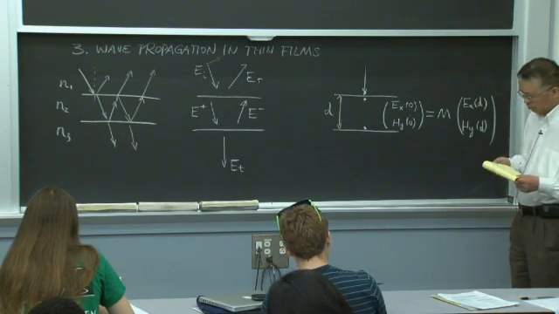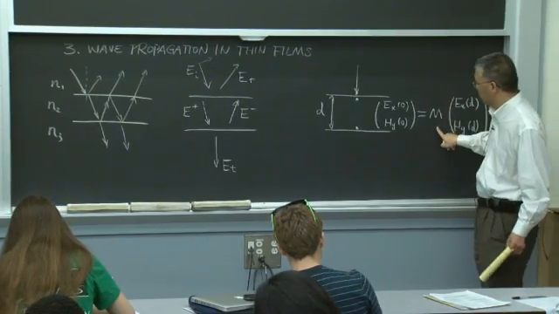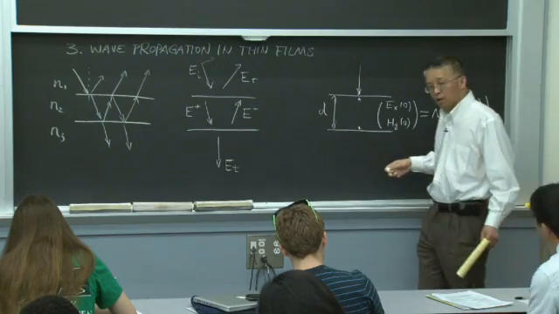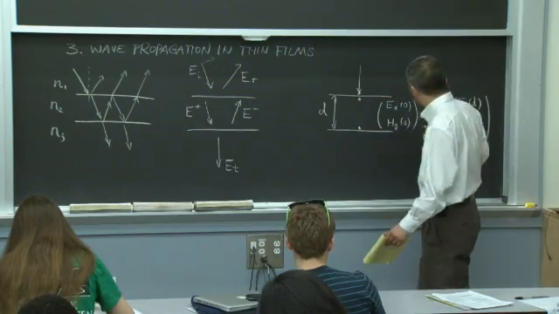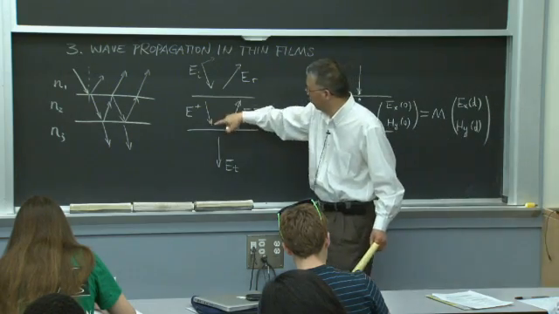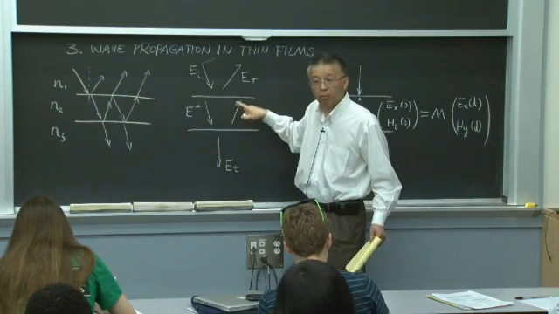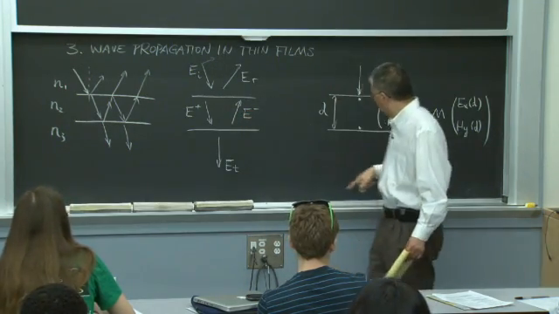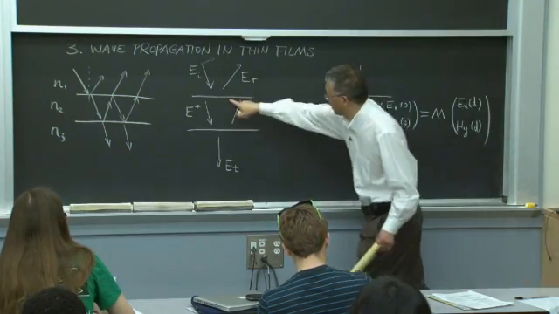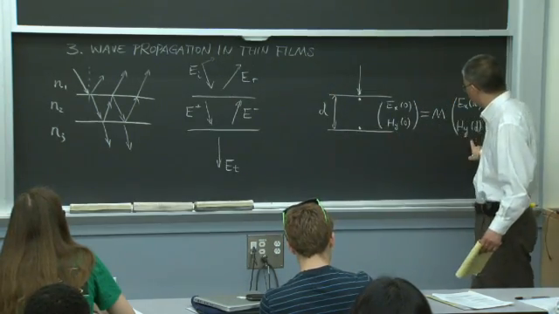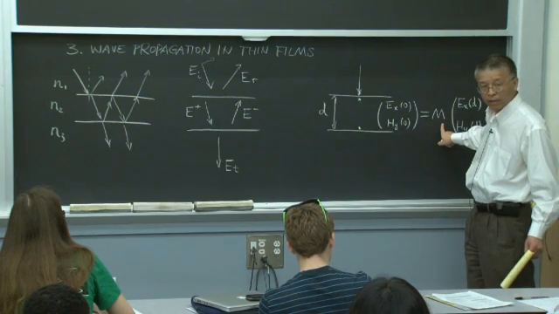So this matrix will make my life much easier. You relate the total electric field, forward plus backward, and the total magnetic field at this point, to the total electric field and total magnetic field at the other point through a matrix element.